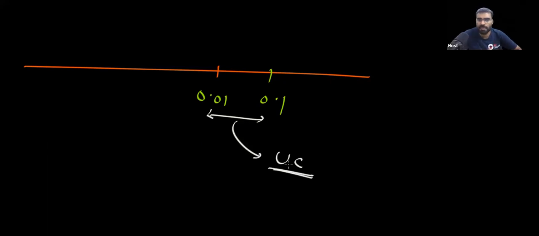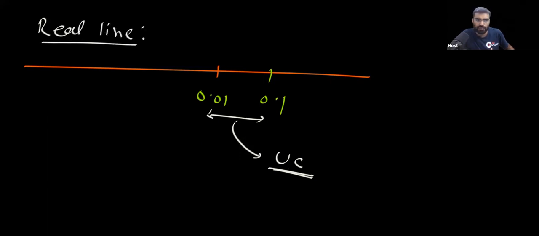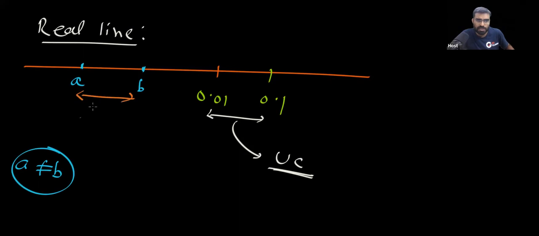Is this clear? Because this is the real line. Whatever two different numbers you take, A, B, as long as A is different from B, this range on the real line will be uncountable.